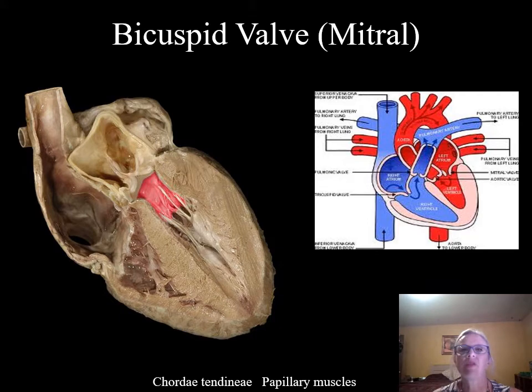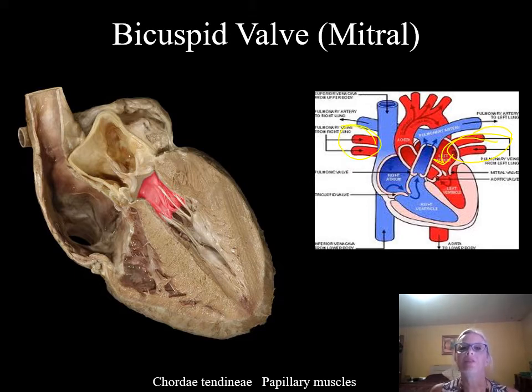So here we're looking at the bicuspid or mitral valve. We have pulmonary veins. You can see those in the diagram over here on the right. You have your pulmonary veins that bring the blood from the lungs to the left atrium. So they're coming in here to the left atrium from the right and left lungs. We have four of those. There's two on each side. So here's the other ones over here.